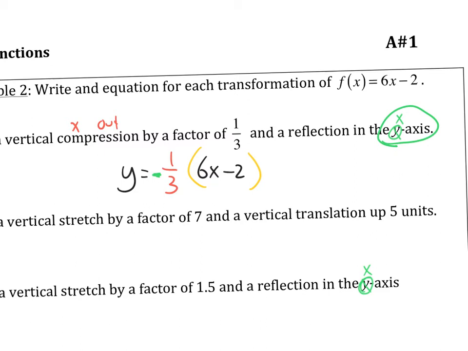Now, this is the most simple form of what we do, but technically I can use the distributive property to clean this up. So I'm going to go ahead and rewrite this into slope-intercept form. That's going to look like this, where the negative 1/3 gets sent into both of those.